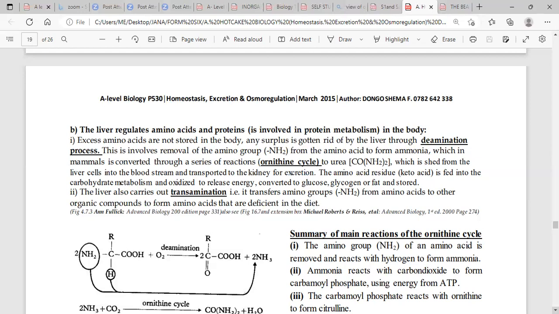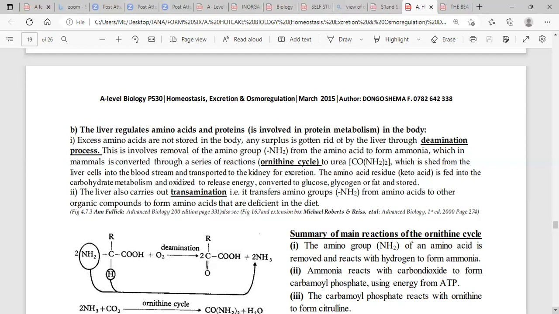Basically, the keto acid, depending on the amino acid and relative to the carbon atoms that they possess, if it is a 3 carbon atom, a 4 or a 5, we expect them to join the Krebs cycle at different levels depending on the carbon compound present. You have citric acid, you have alpha ketoglutarate, that is the 5 carbon.